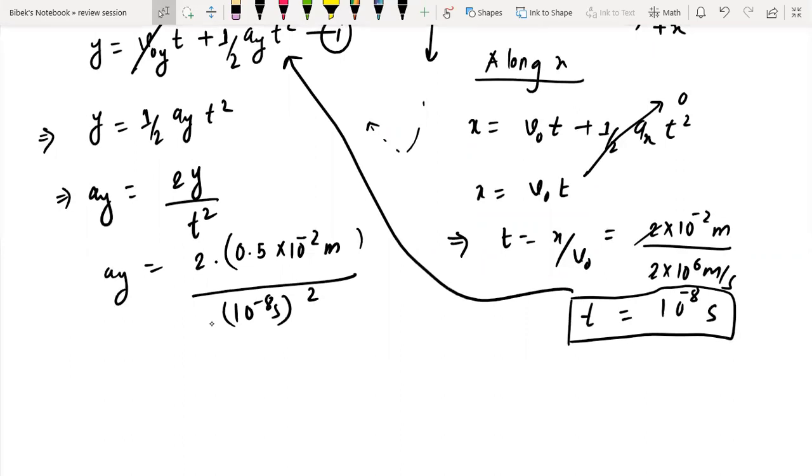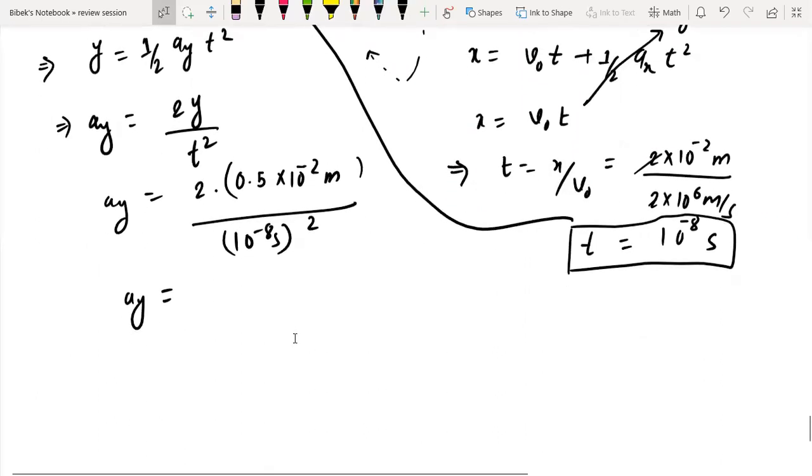So if you calculate the ay, it seems I forgot this calculation, so let me do it in my calculator real quick. 2 times 0.5 times 10 to the negative 2, over 10 to the negative 8 square.